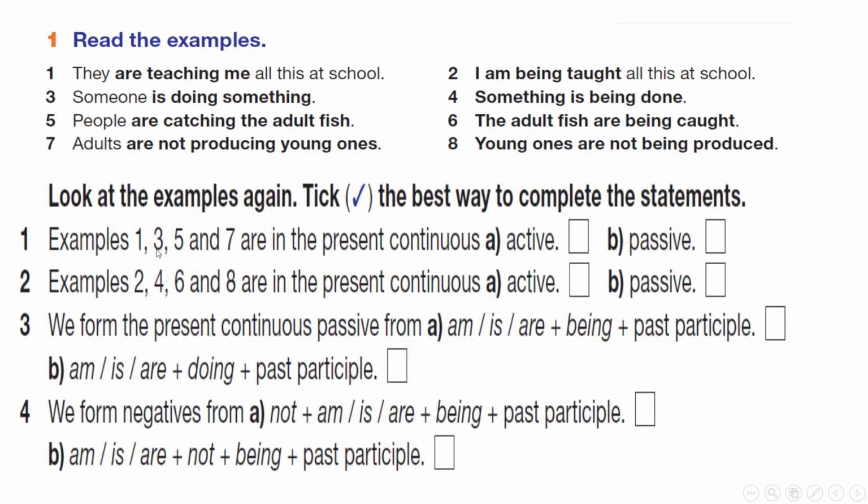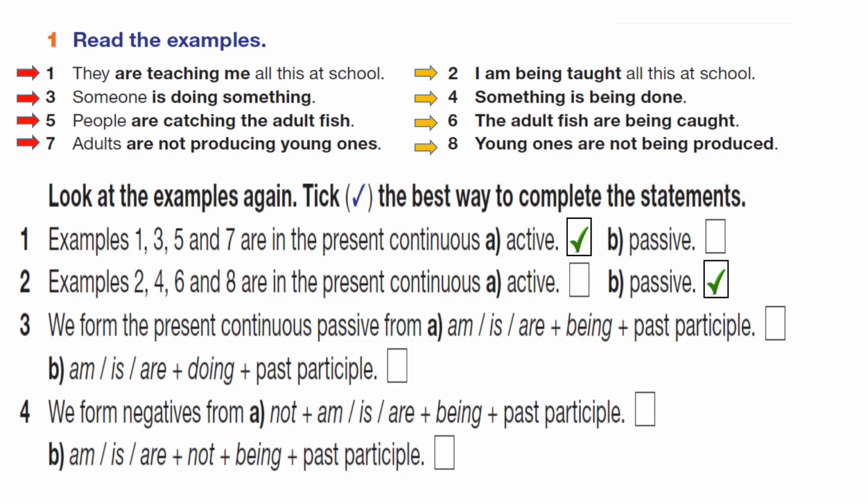Number 1, examples 1, 3, 5, and 7 are all in the present continuous, active or passive? Of course, they are all in the present continuous active because they all begin with the subject. Number 2, examples 2, 4, 6, and 8 are in the present continuous passive because they all begin with the object.